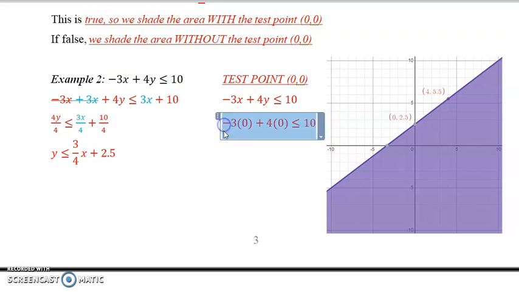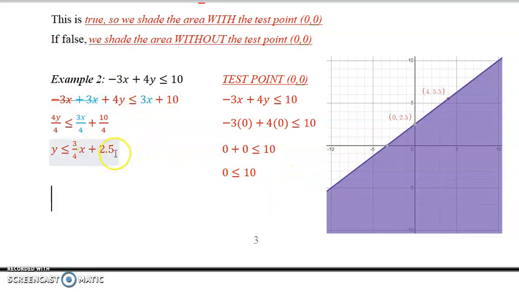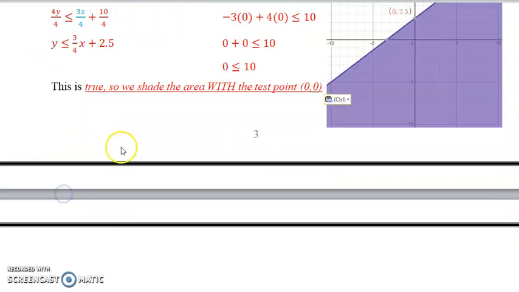The original inequality, and that's going to be 0 plus 0. Right? And this is true, so we can write there.